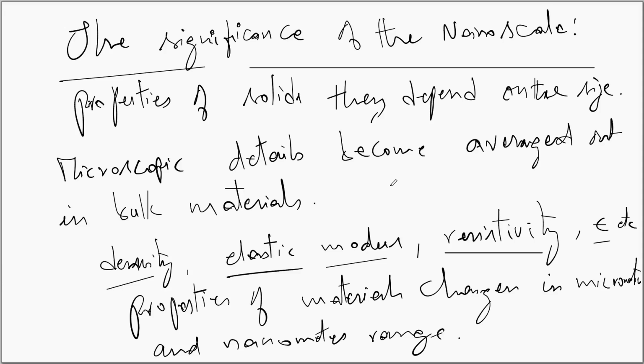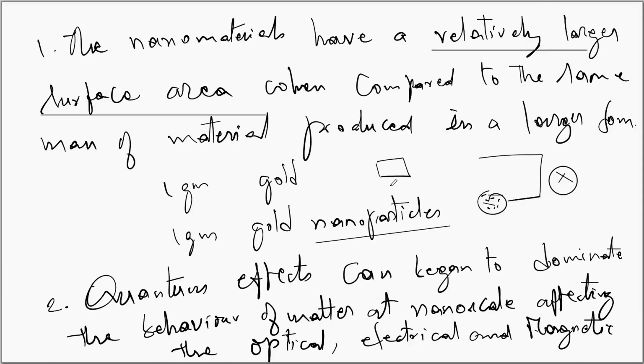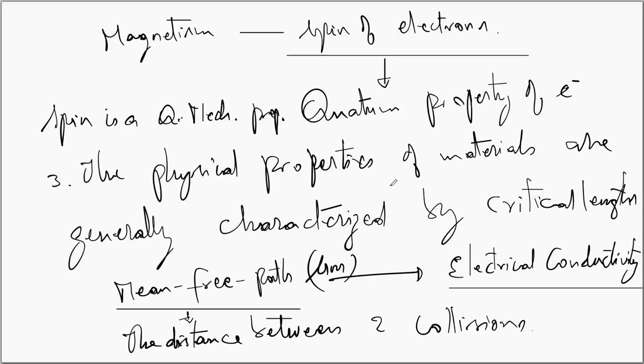We said that nanomaterials have a relatively larger surface area when compared to the same mass of material in a larger form. The second reason is that quantum effects can begin to dominate the behavior of matter at the nanoscale, affecting the optical, electrical and magnetic properties. Thirdly, the physical properties of materials are generally characterized by critical length, and we saw an example, the mean free path of an electron in electrical conductivity.